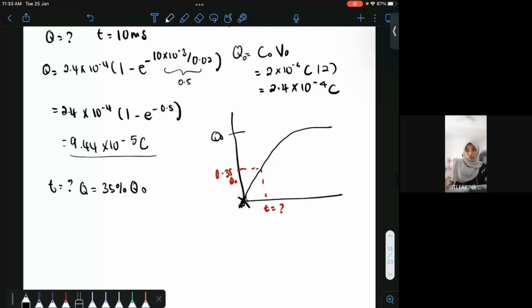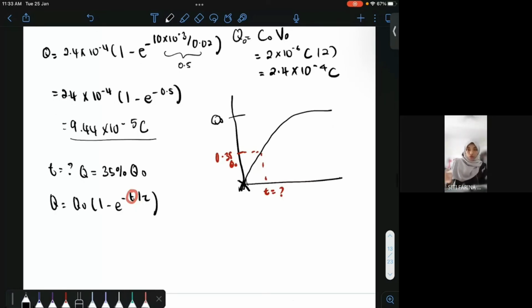So we are going to use the equation of charging masih. Q is equals to Q naught 1 minus exponent negative T over tau. Objektif kita untuk cari T yang ini. Nak cari T ni. Okay. So your Q adalah you have managed to store up sampai berapa? Iaitu 35%.